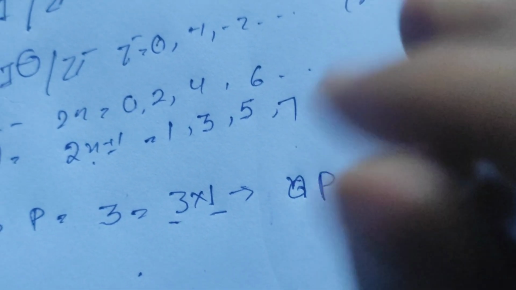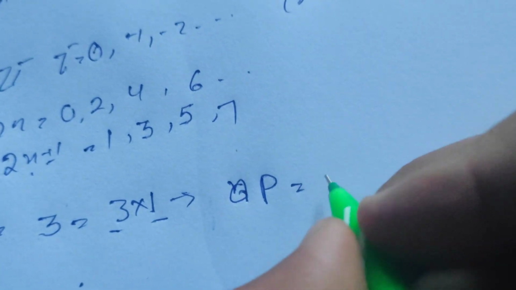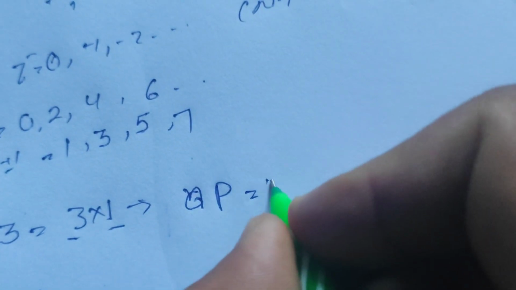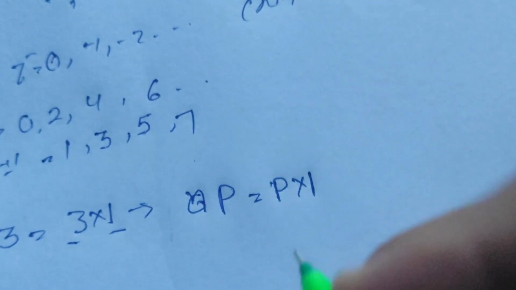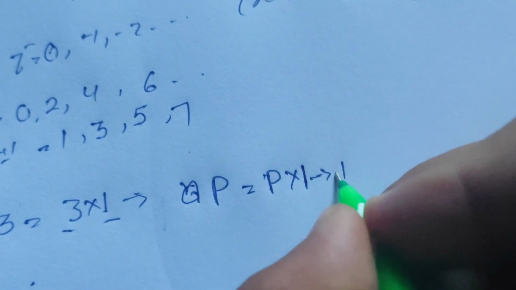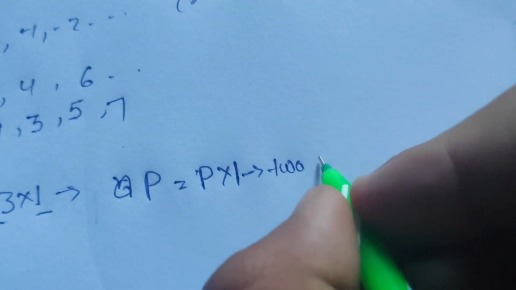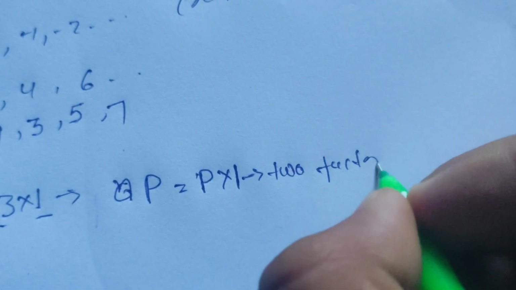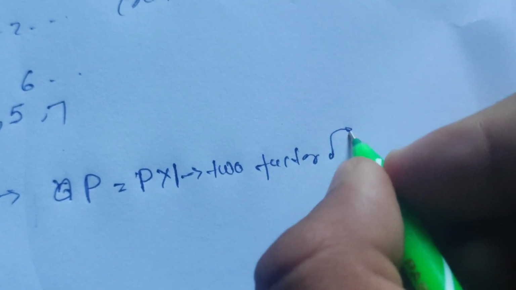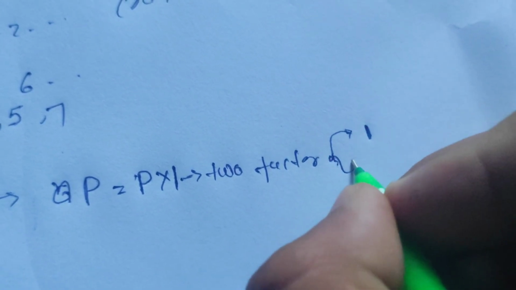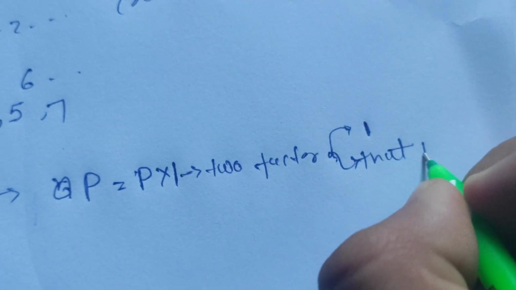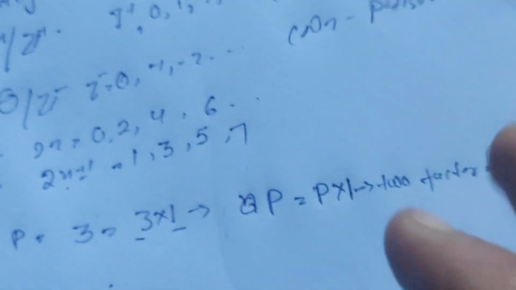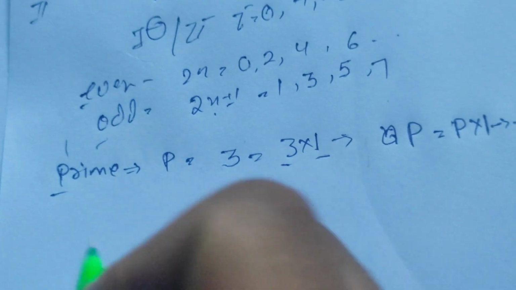If p is a prime number, the factors of p are 1 and p. This is called a prime number.